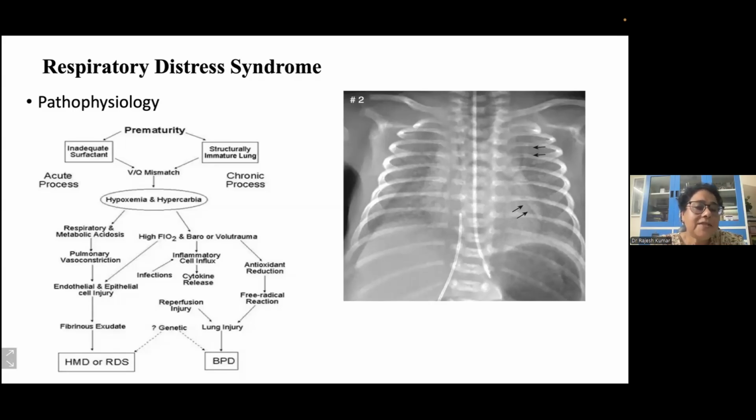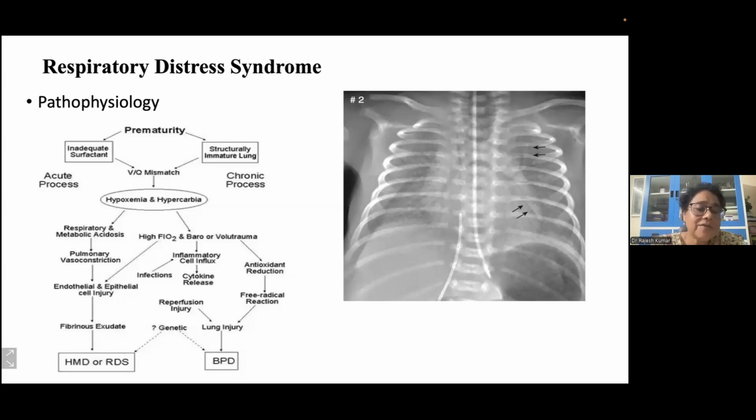There is respiratory acidosis as well as increased work of breathing, due to repeated effort by the baby to expand the atelectatic alveoli at the end of expiration. That leads to increased work of breathing, which also contributes to metabolic acidosis.